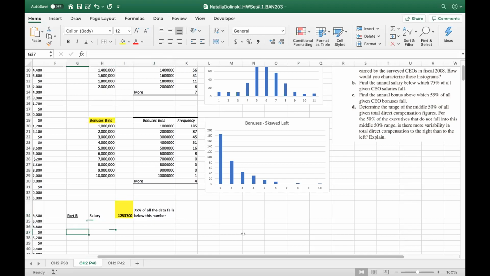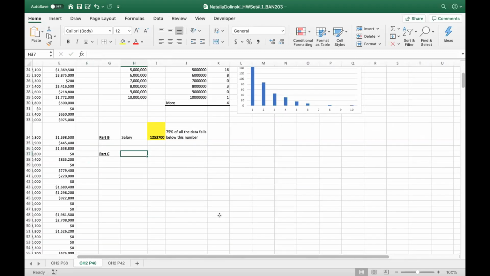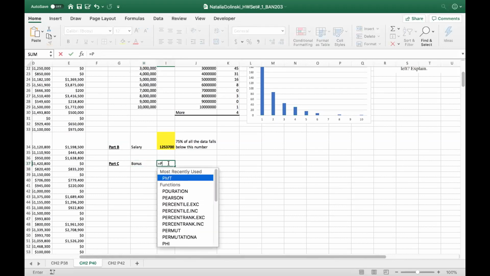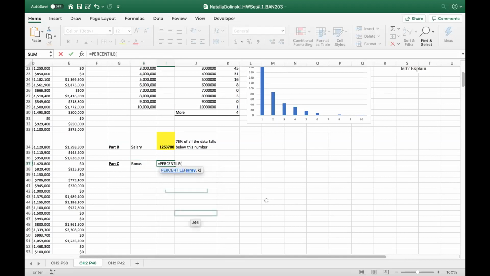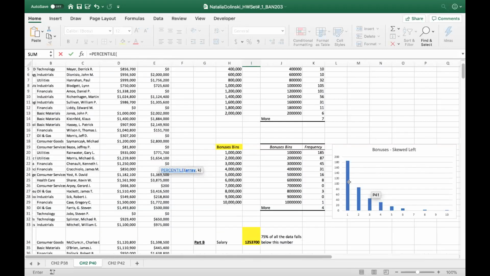Oh, okay. So it's annual bonus. Oh, it's asking about the bonus now? Percentile. Find the annual bonus.